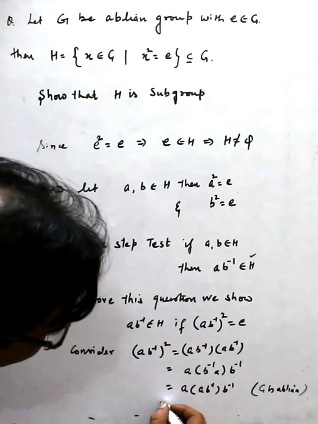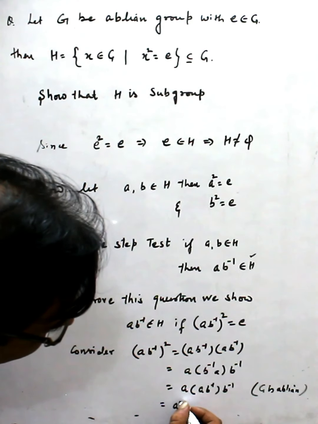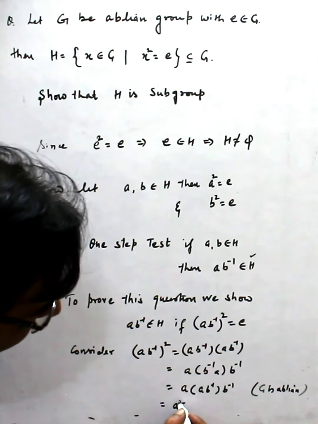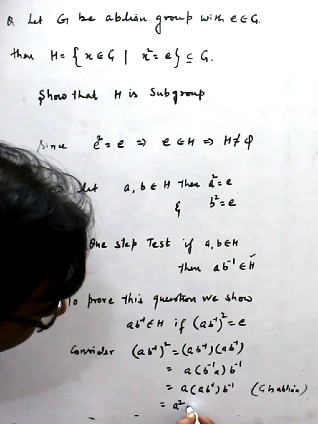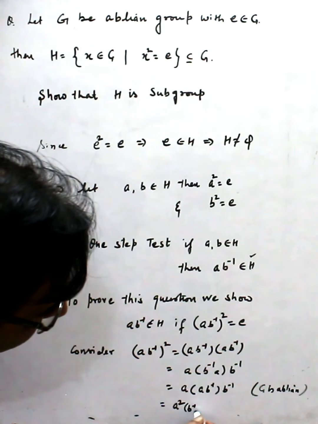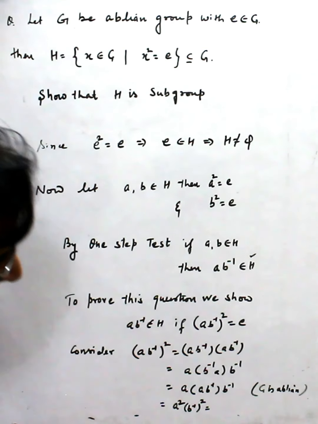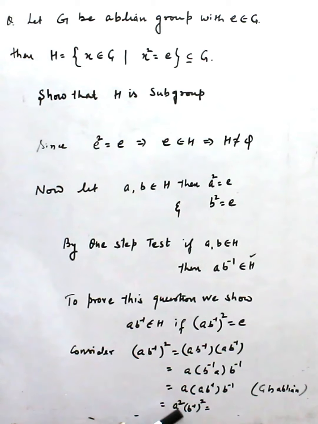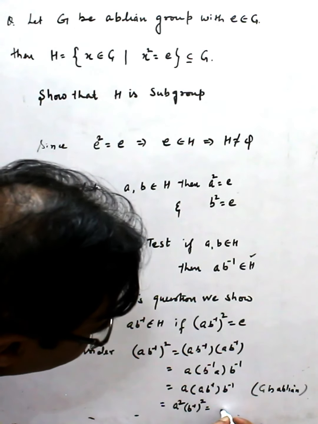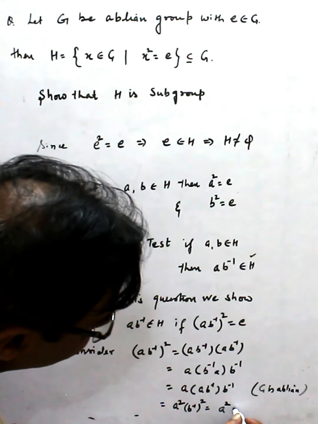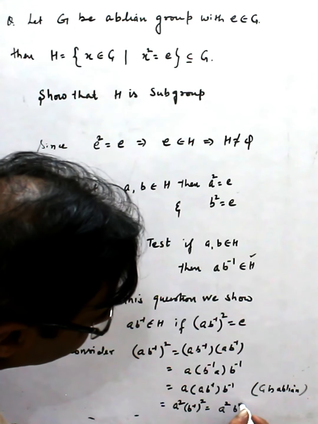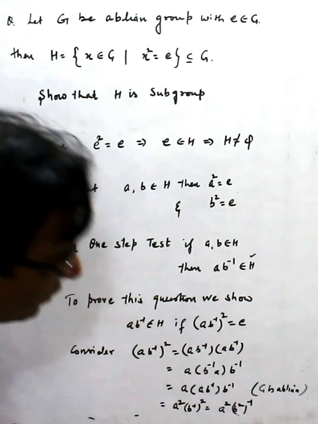Now this becomes, by associativity, a square b inverse whole square, or we can say that this inverse we can take out. That means this is a square, b square whole inverse.